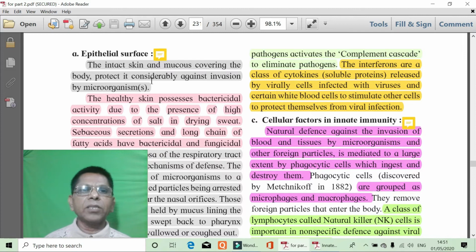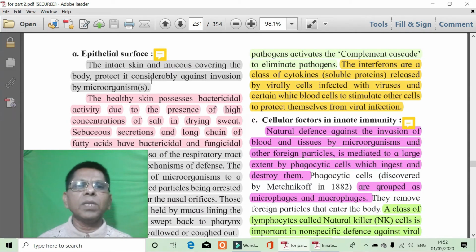Excluding these two parts, that is the stomach and intestine, the most parts of the respiratory tract, the most parts of the urogenital tracts, as well as the eyes and the ears, the mucous coverings are made up of epithelium, and that is an example of the compound epithelium, and their structure is more or less similar to that of stratified squamous epithelium, as we have studied in the case of the human skin.